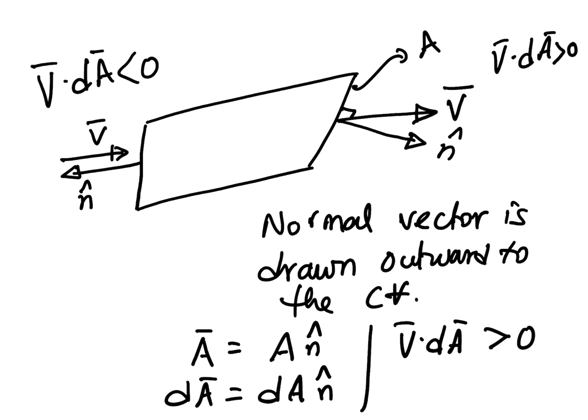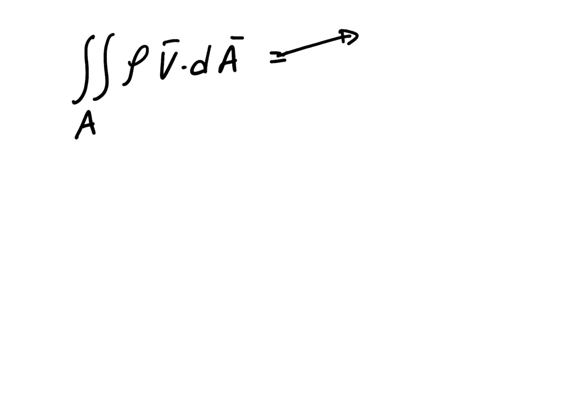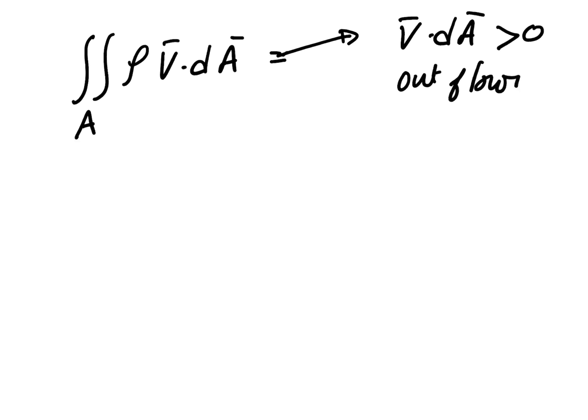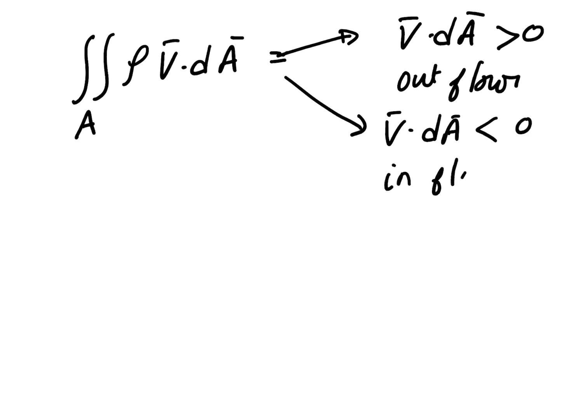Now what is the implication of that? So I have the integral of rho V dot dA. This is what I want to evaluate, and V dot dA would be positive for an outflow, and V dot dA would be negative for an inflow.